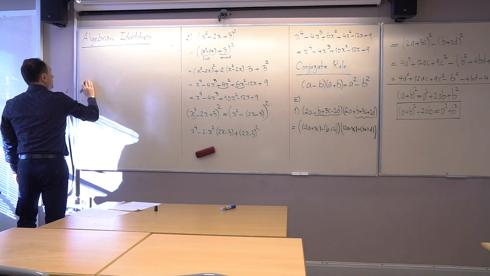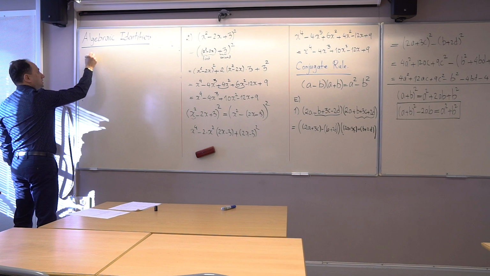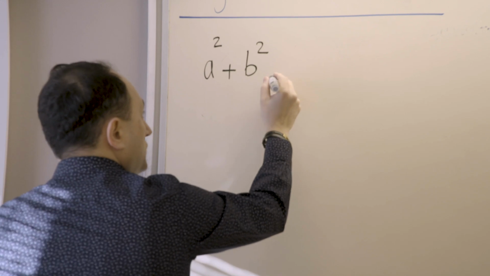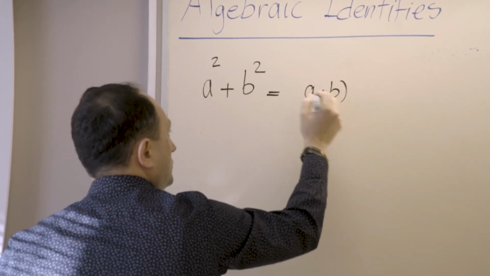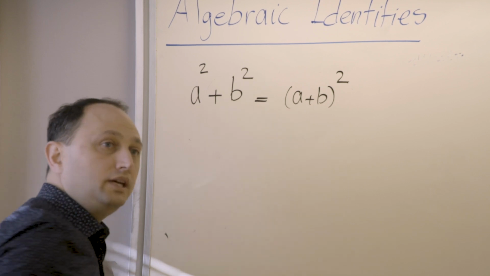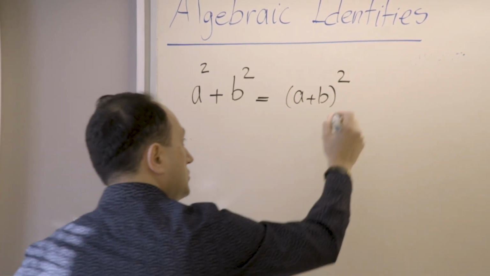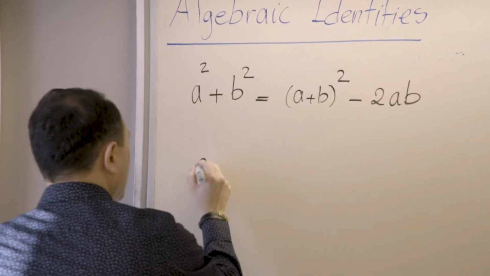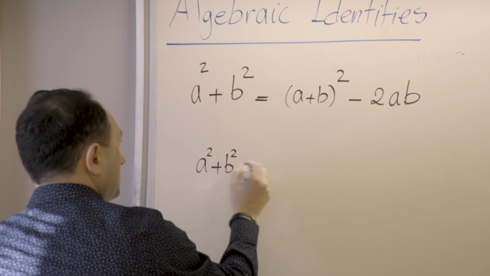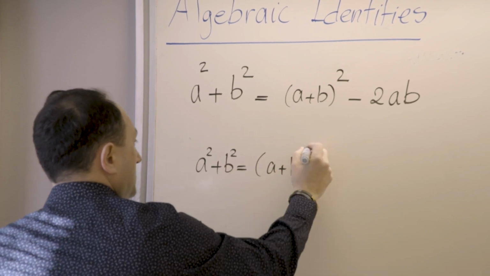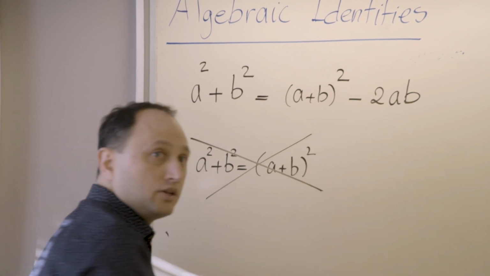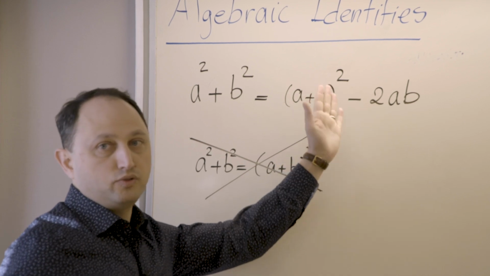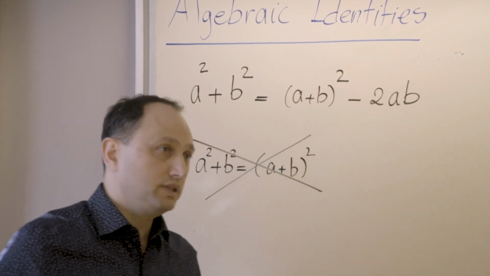It tells you that if you are interested in the sum of two squares, a squared plus b squared, you can write a plus b to the 2, but if you stop here, that is wrong, unless you continue and write minus 2ab. So let me emphasize again that a squared plus b squared equal to a plus b to the 2 alone is not correct. I have seen mistakes like this in the exams a lot. So remember, this is not correct. So that's the correct formula. a squared plus b squared is a plus b to the 2, but if you stop here, that's not complete. You have to continue with negative 2ab.